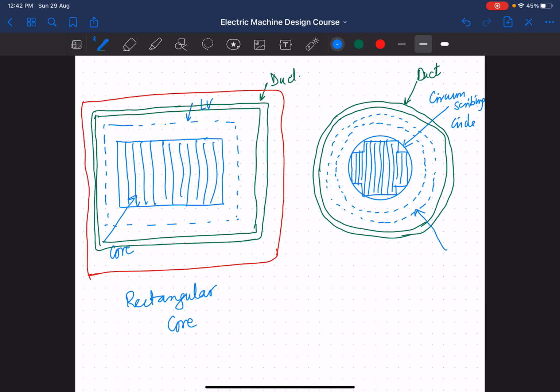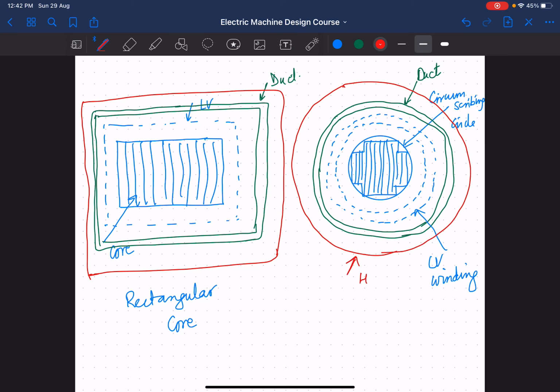This dashed blue is the LV winding. And on the outside you have the HV winding. So this is the diagram of a two-stepped cruciform core.